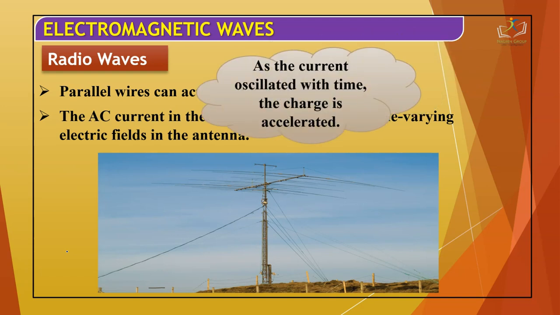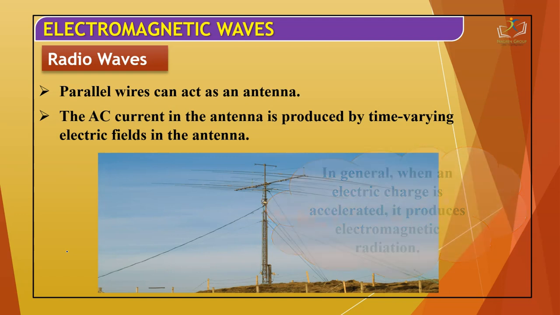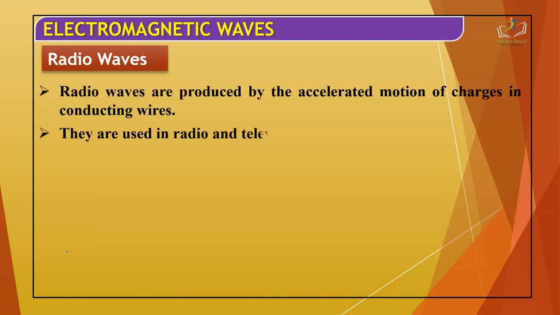As the current oscillates, the charges are accelerated. In general, when an electric charge is accelerated, it produces electromagnetic radiation. Radio waves are produced by accelerated motion of charges conducting in the wire. They are used in radio and television communication systems.